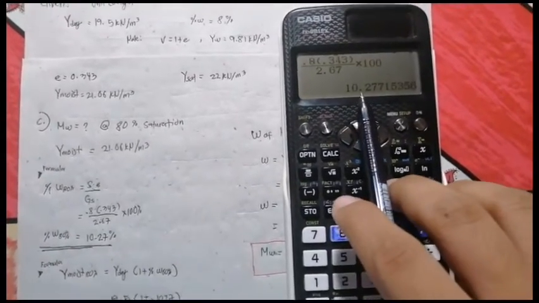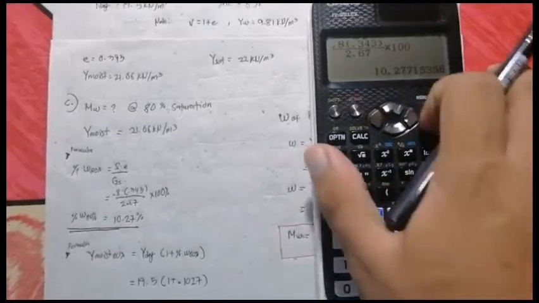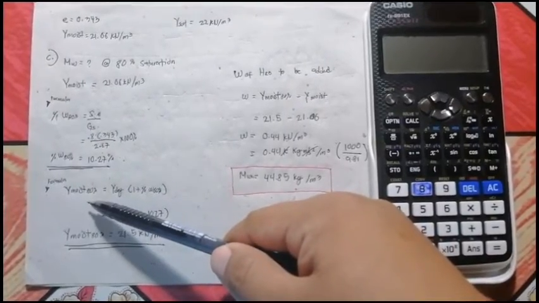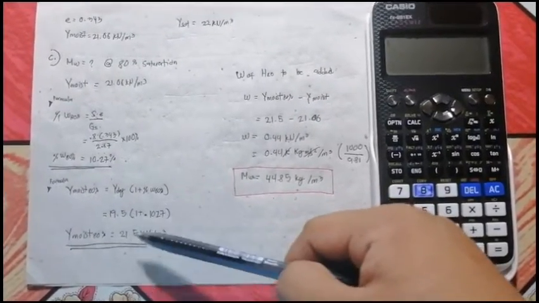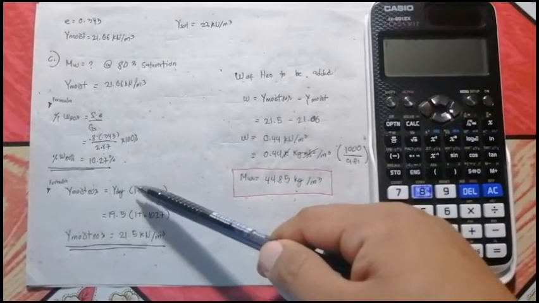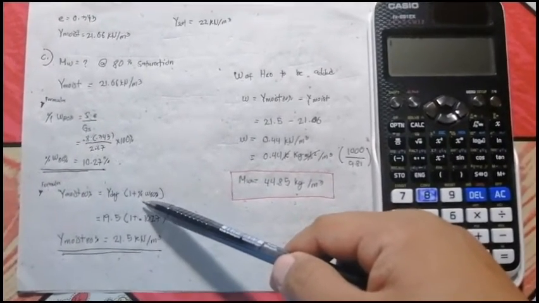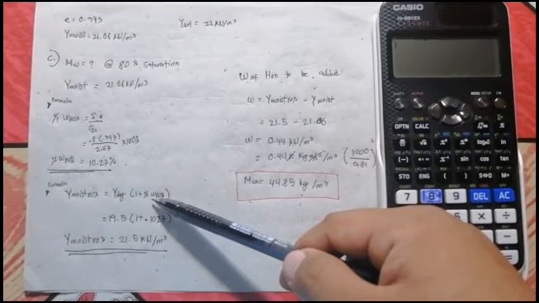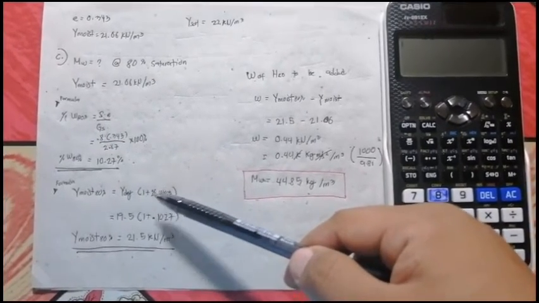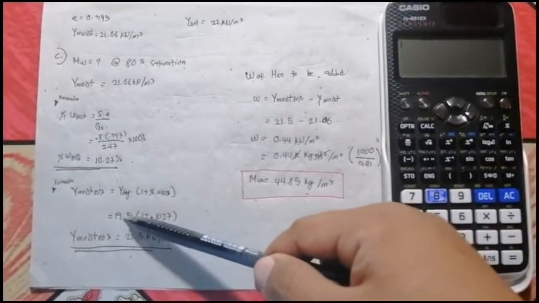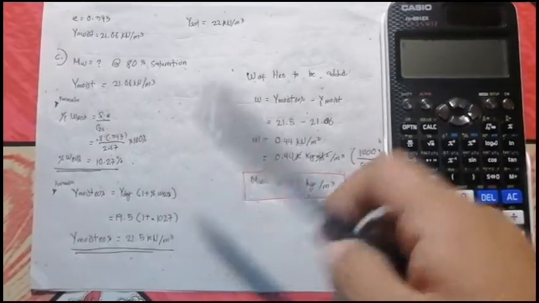So, 10.27%. Unit weight ng moisture content niya is equals to the unit weight ng dry multiplied by 1 plus the 80% saturated moisture content. So, substitute lang 19.5.